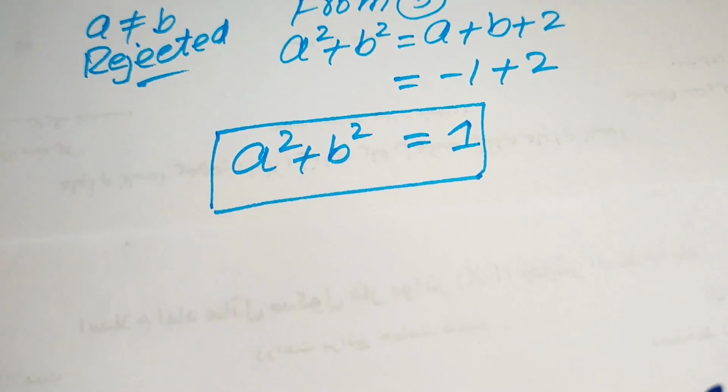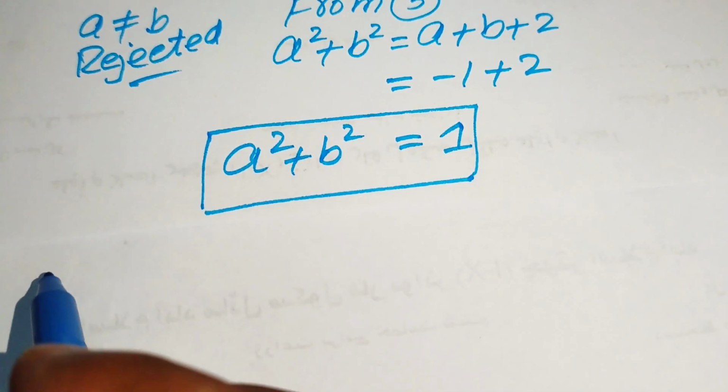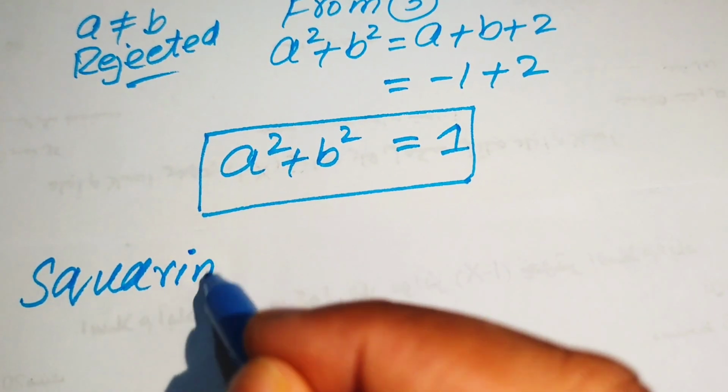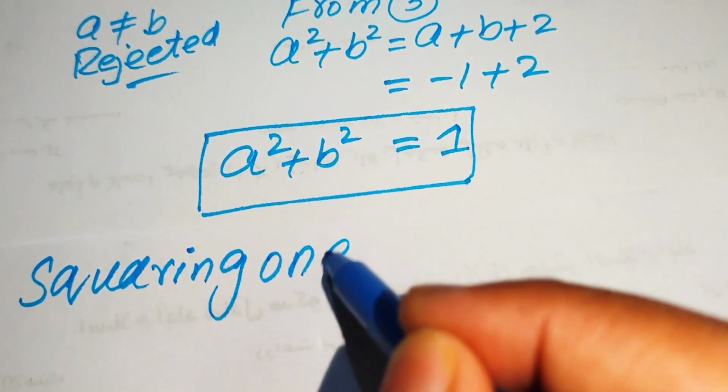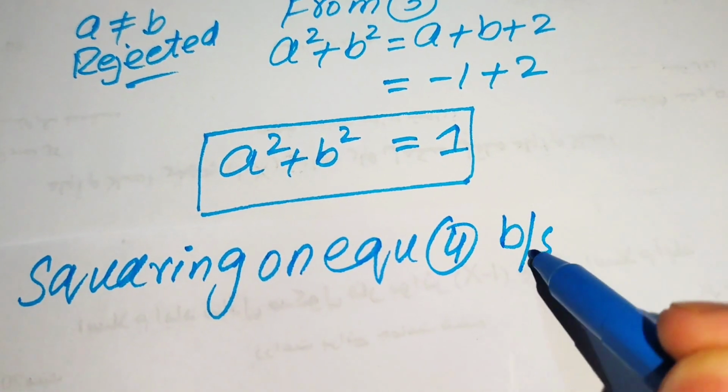Now after this step we need to take the squaring on equation number 4 both sides.